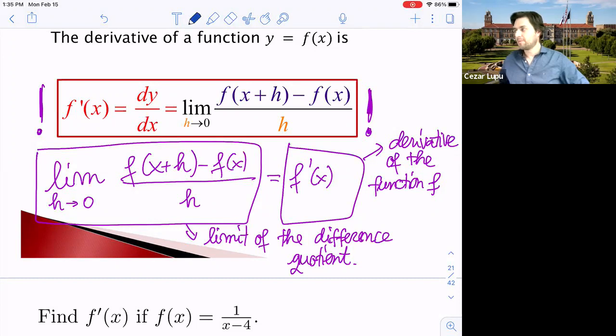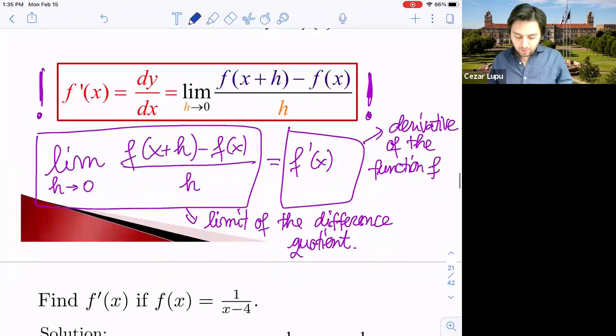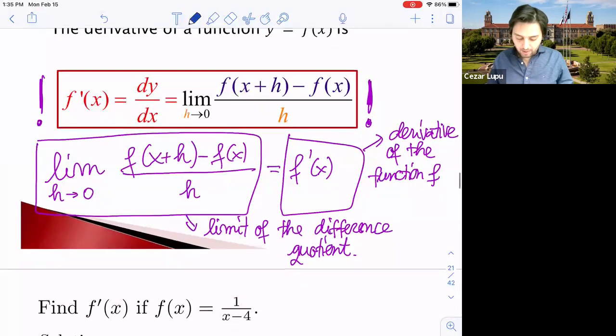So what do you think? What is the derivative? If we look at the definition, f prime of x is nothing else than just the limit as h approaches 0.